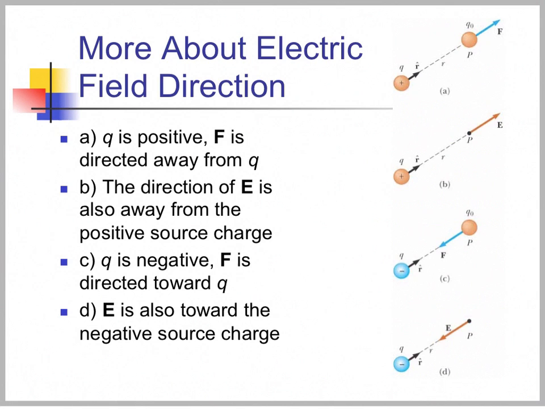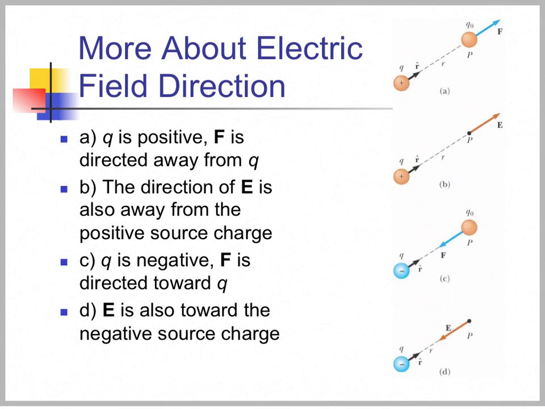So again, direction of electric fields. In figure A, we see that Q is positive, and F then is directed away from Q for a positive test charge. So in B, we see then at point P, regardless of that test charge being there, there is an electric field and it points radially away from the source charge.